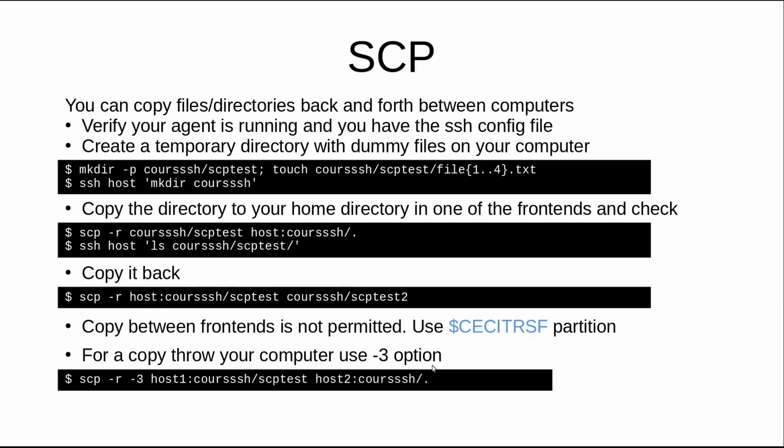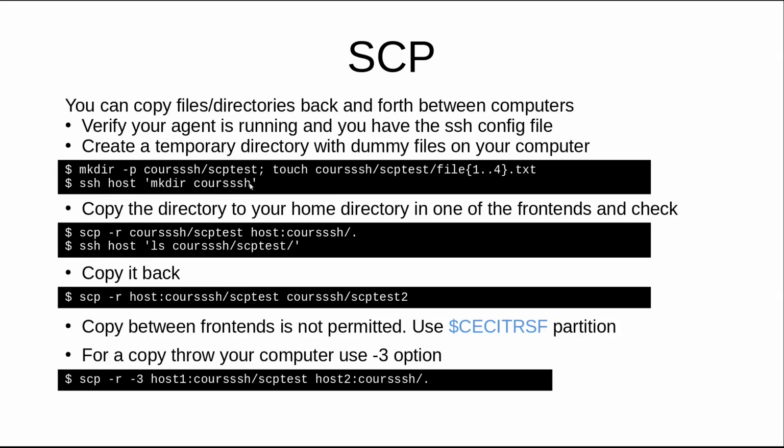With the SCP command, you can copy files or directories to or from the clusters. You can copy-paste the commands from the PDF of this presentation to do the following example. Create a local repository with four empty files. Then create a repository on a remote host.